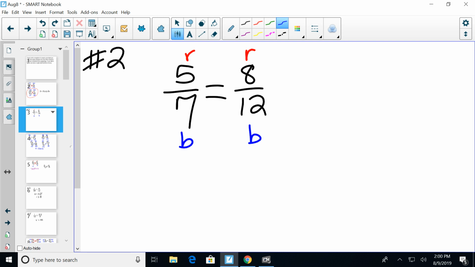Volunteer and share your answer for number 2. Did she make the correct shade? Why or why not? Mr. Daniel? Yes or no? And why?